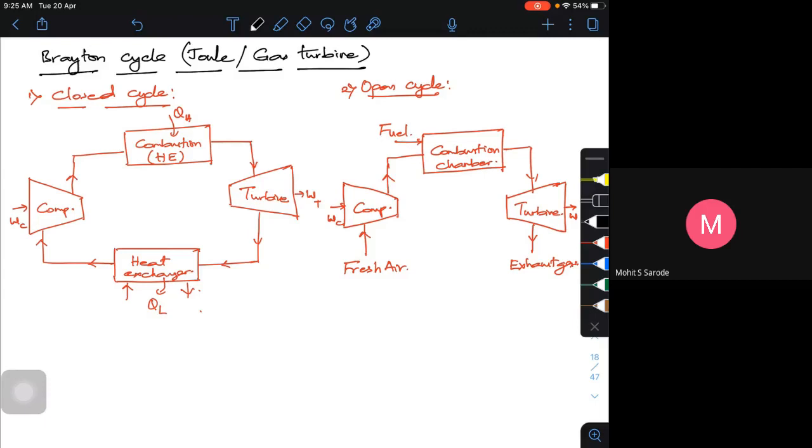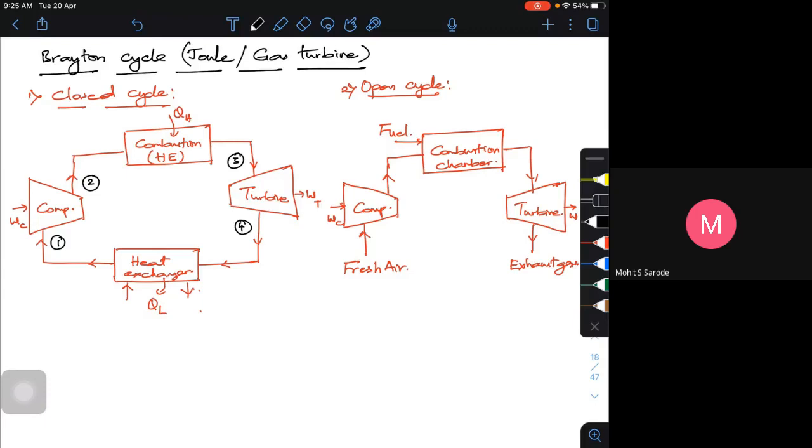Now, if I look at the points, 1 is the entry to the compressor, 2 is the exit from the compressor, 2 to 3 is your heat exchanger, 3 to 4 is expansion, and 4 to 1 is heat rejection. Same as whatever we studied in the previous cycle.